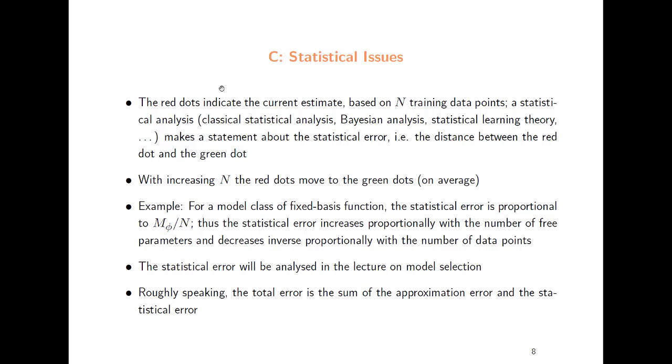But since we have a finite number to estimate these w's, we will have some errors. For example, a typical quantity is the number of parameters divided by n. So this error goes up when we have more parameters, and it goes down when we have more data points. We will discuss this also in more detail later.